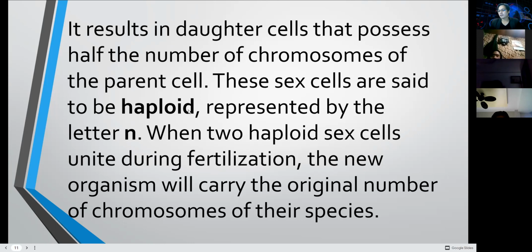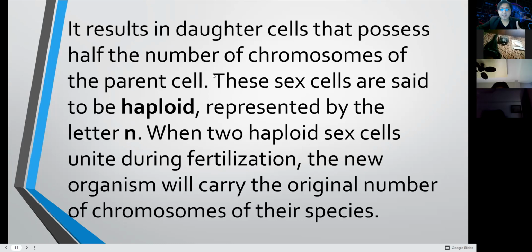All right. We need to have a haploid set of chromosomes in a gamete or sex cell simply because we need to maintain the number of chromosomes in a particular species.